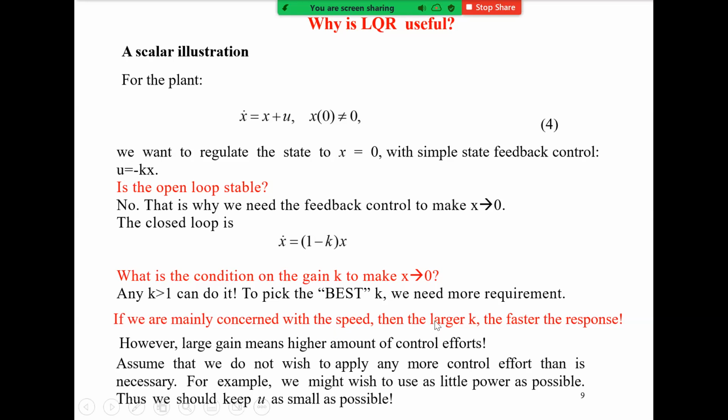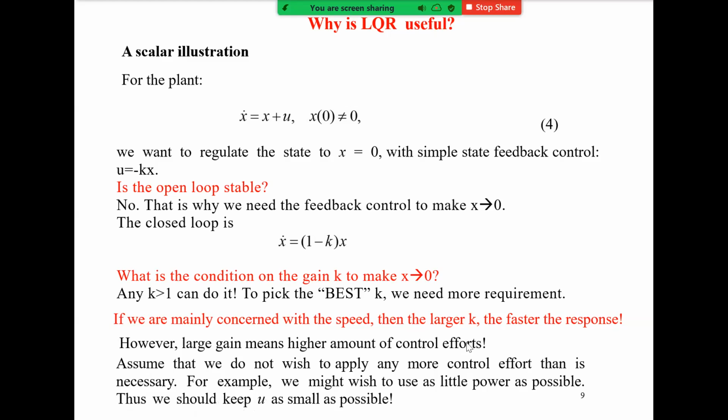We do not wish to apply any more control effort than is necessary. For example, we wish to use as little power as possible. So we should keep U as small as possible, and we want to keep k very close to 1 if we want to save energy.